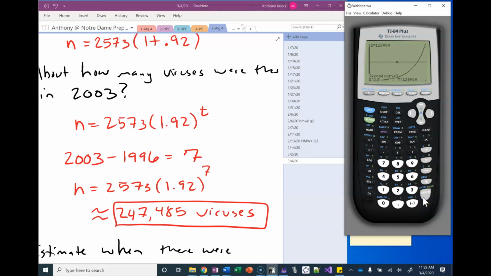So I'll just press enter. It's automatically toggled now to the next line. Anywhere on the straight line will be fine. That'll answer the question for my second curve. And then it asks for a guess. So I'm just going to use the left and right arrows to scroll over near where that intersection is, and then press enter again.